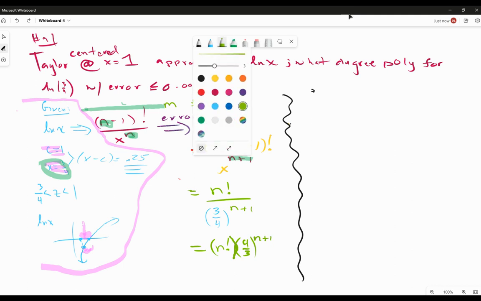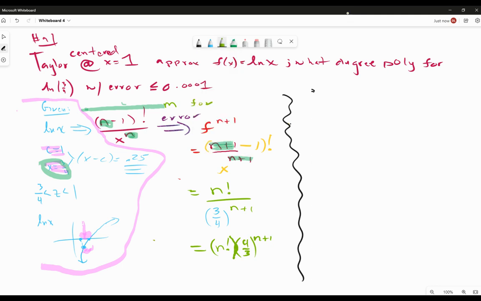This is my f of n plus 1 at some value of z, right? We know that largest value is going to be our 3/4. That's what we're dealing with right now. So I have the first part of my error.